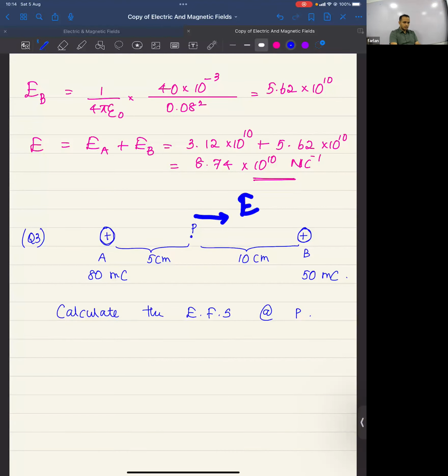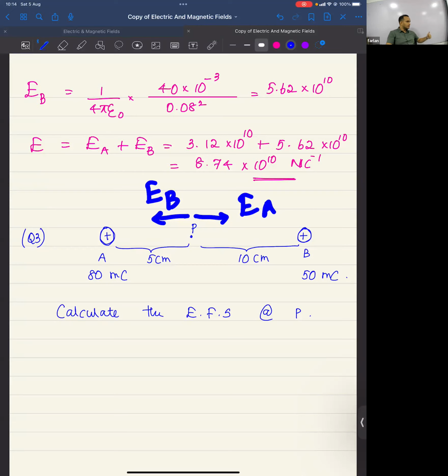I will take it as EA. Due to charge B, the electric field strength at P is to the right or left? To the left. I'll take it as EB. Is everyone okay with that? Correct.